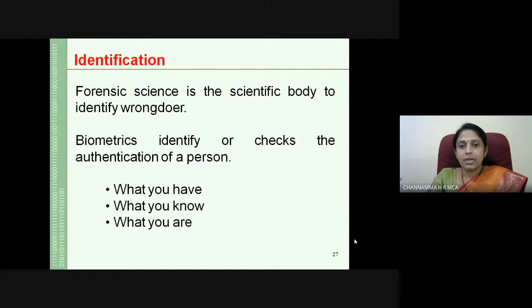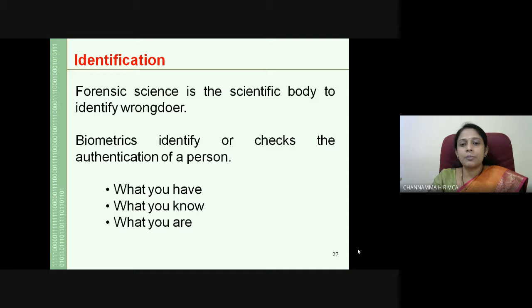Something you have relates to a credit card, a debit card, or any kind of identity card, through which authentication may be verified. What you know means what we remember: the passwords, OTPs, and pin codes, like how we use ATM machines. That is also one way of providing authentication.